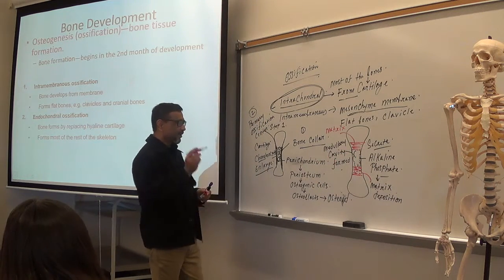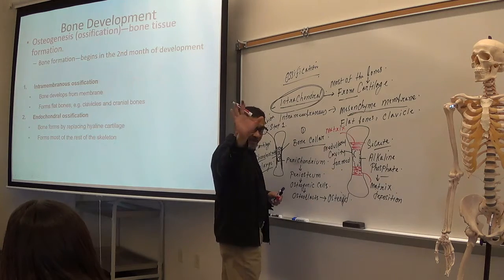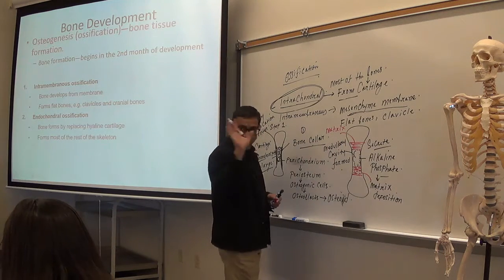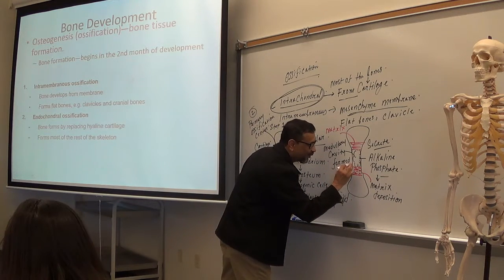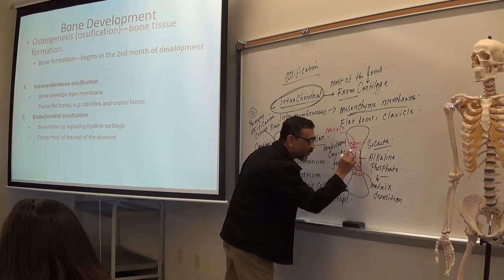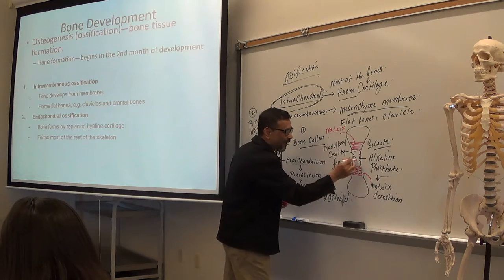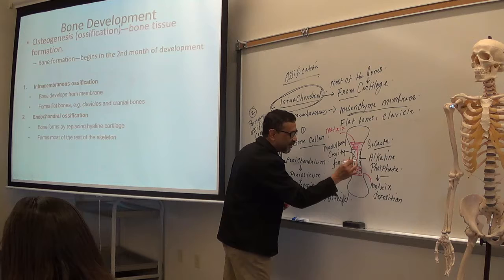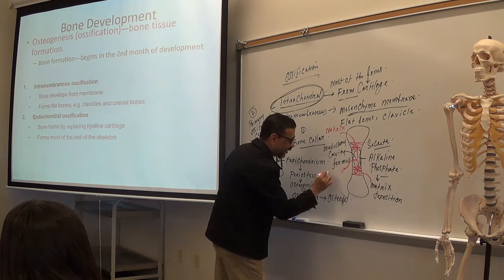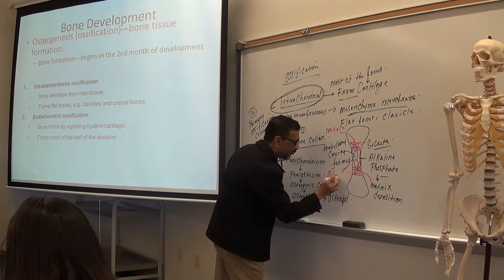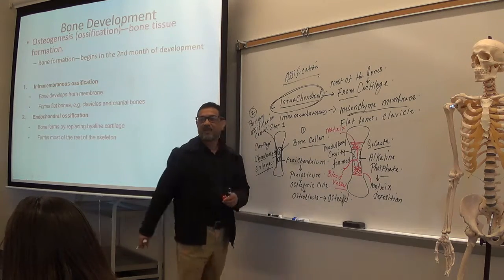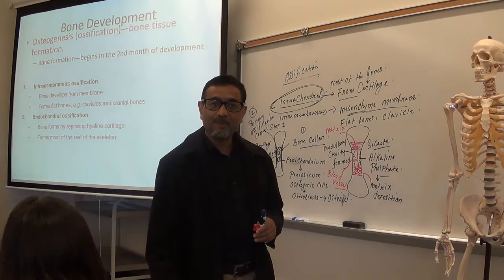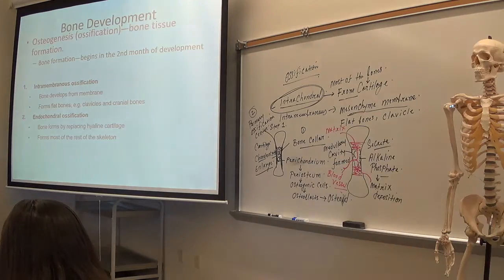Okay. Next, what happens? Cartilage doesn't have blood vessels, but bone has blood vessels. You know that. So what will happen? A blood vessel will enter into this newly formed bone and branch like this. Okay, so this is the blood vessel, because bones need blood supply, blood vessels.